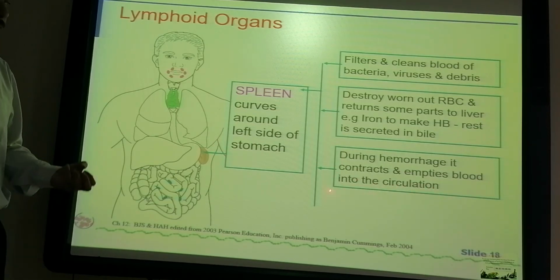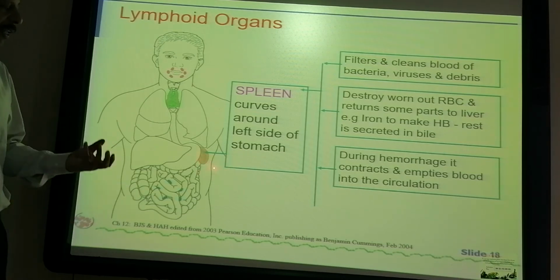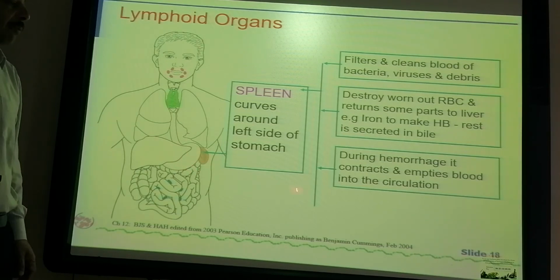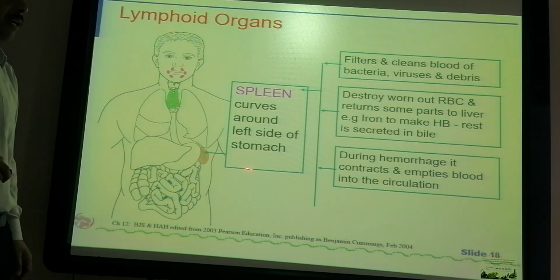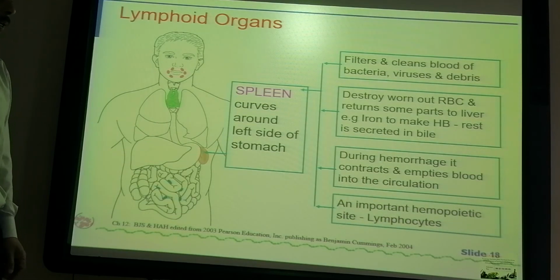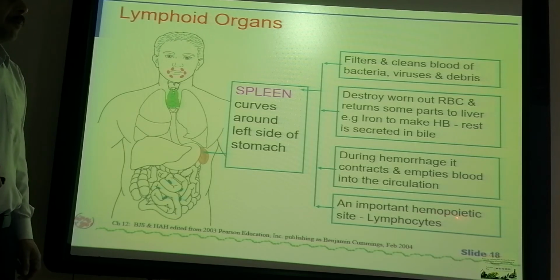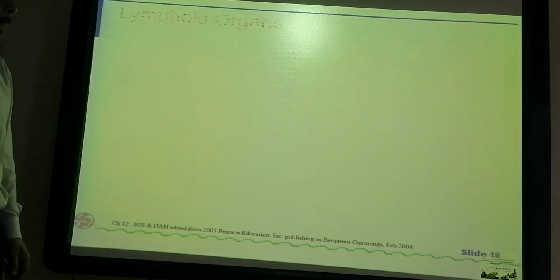So it can act as a reservoir for the circulation, maintaining the blood pressure by squeezing the blood in the spleen into the circulation. It is also an important hematopoietic site, and lymphocytes are there to fight infection.